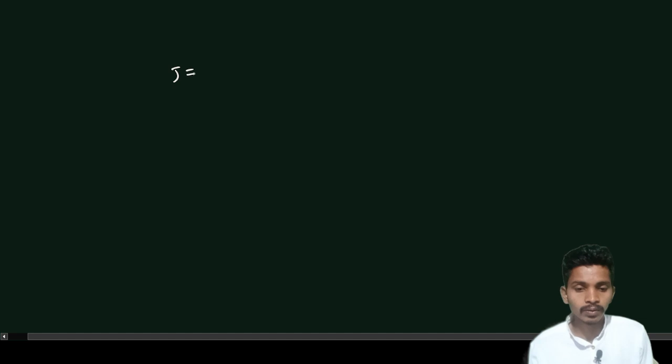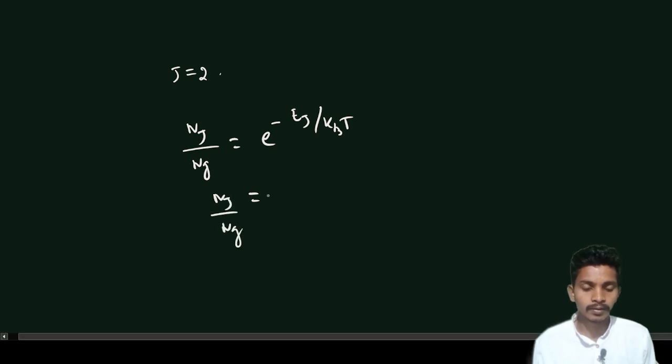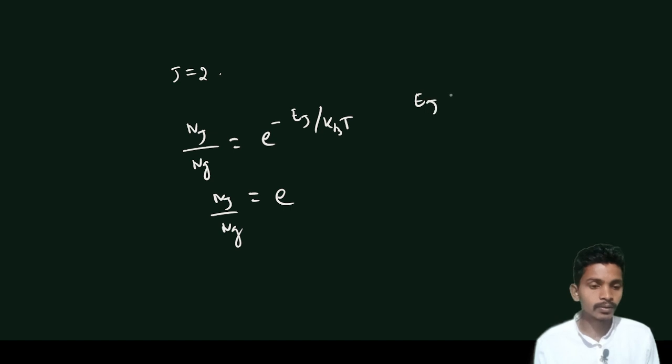when j equal to 2, and let's say n_j and n ground state, that will give e to the power minus E_j upon k_B T. So this value we will get. Now E_j equal to h over 8 pi squared I c, j into j plus 1.